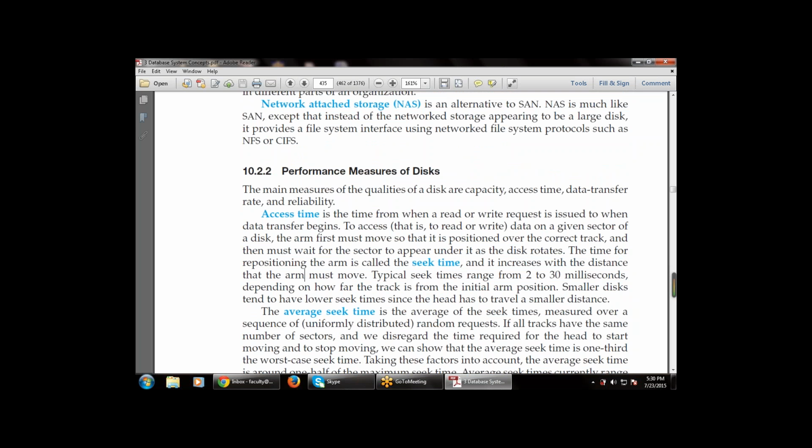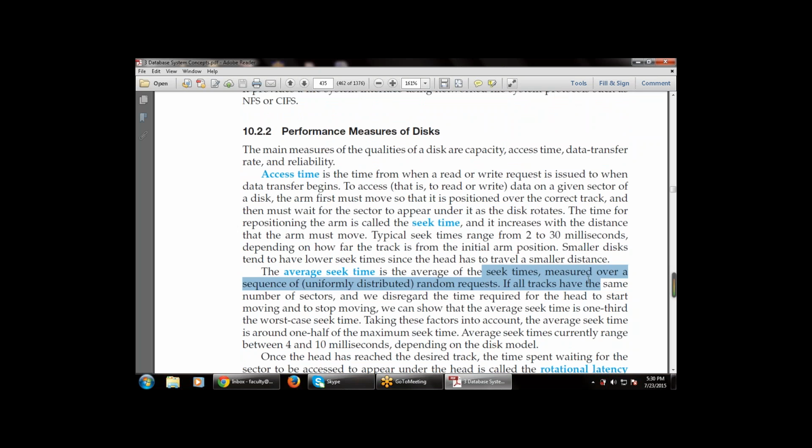The average seek time is the average of seek times measured over a sequence of random requests.